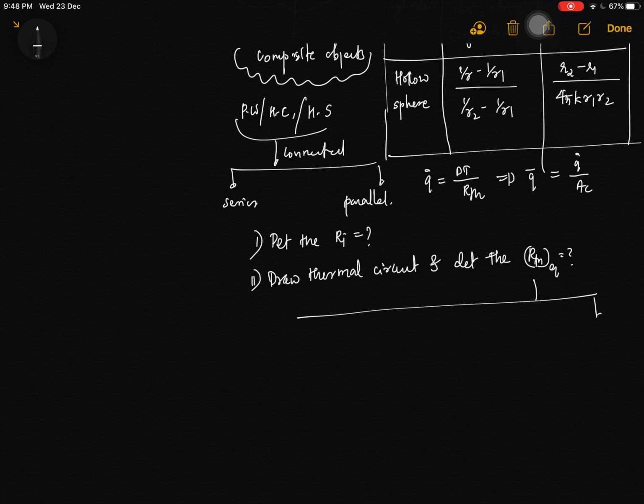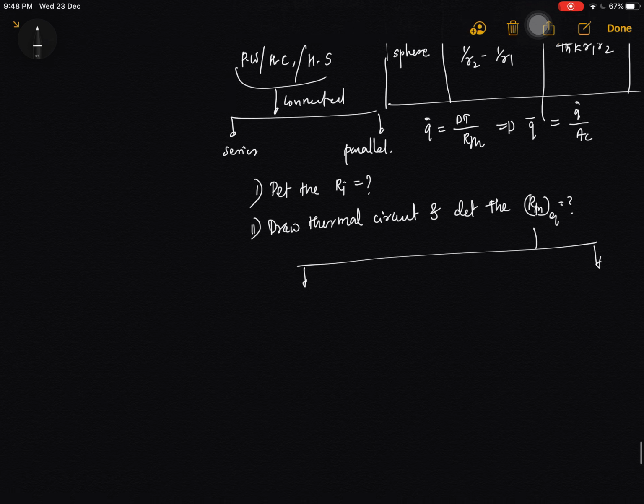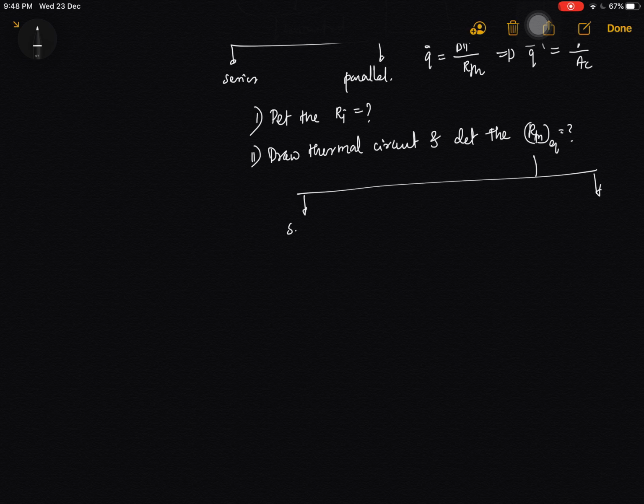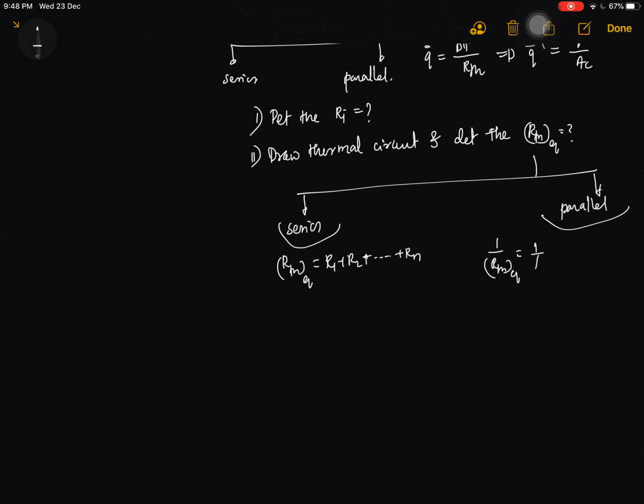And this equivalent thermal resistance can be determined by using the formulas for series. We can use RTH equivalent is equal to R1 plus R2 plus etc. plus Rn, and for the parallel case we have the equation 1 by RTH equivalent is equal to 1 by R1 plus 1 by R2 plus etc. plus 1 by Rn.